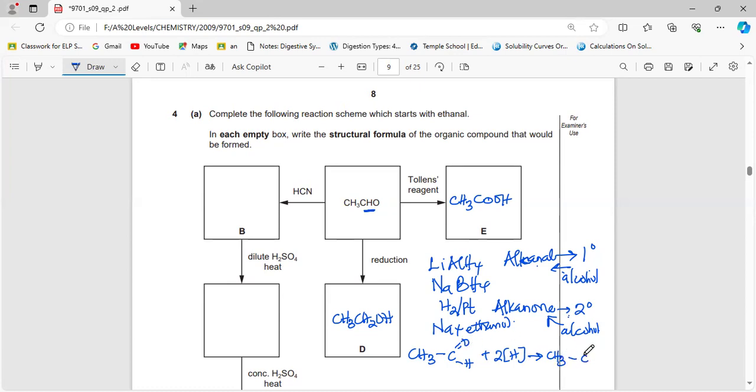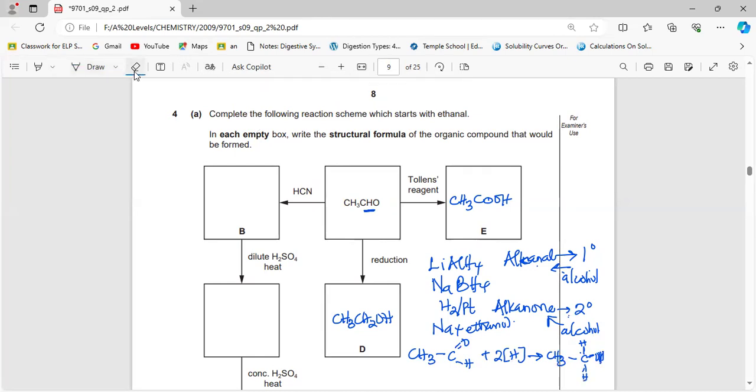These are the two H we are talking about here. Then we have the OH. So that's how we have it in that format. So that's how I get that particular answer.